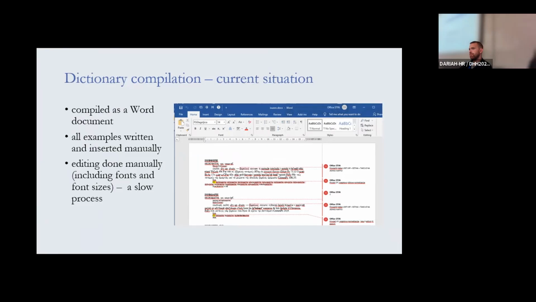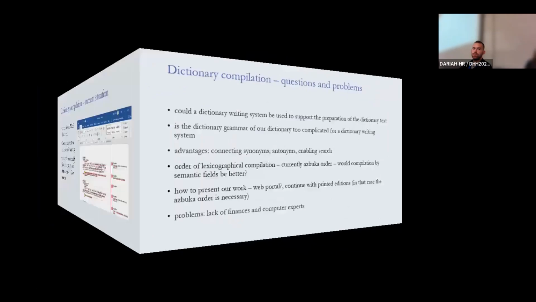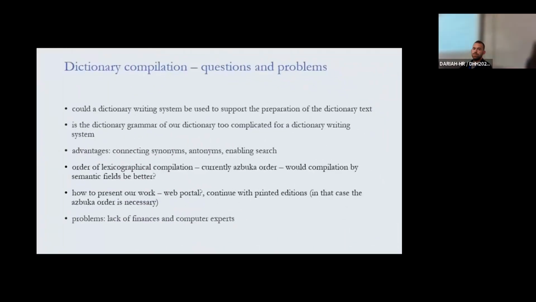All that slows the process of dictionary compilation and is also inconvenient for the dictionary users. So we are wondering whether a dictionary writing system could be used to support the preparation of the dictionary text, or whether the structure of our dictionary is just too complicated.